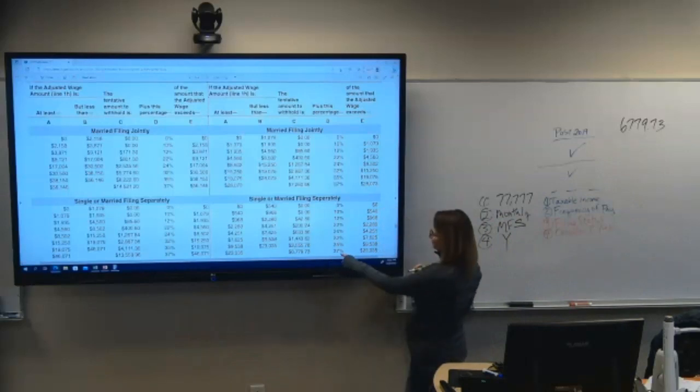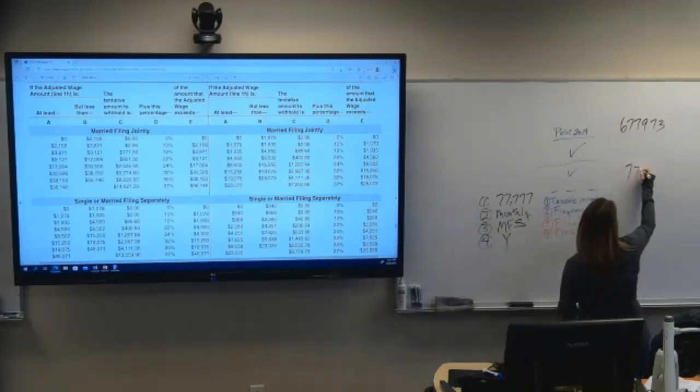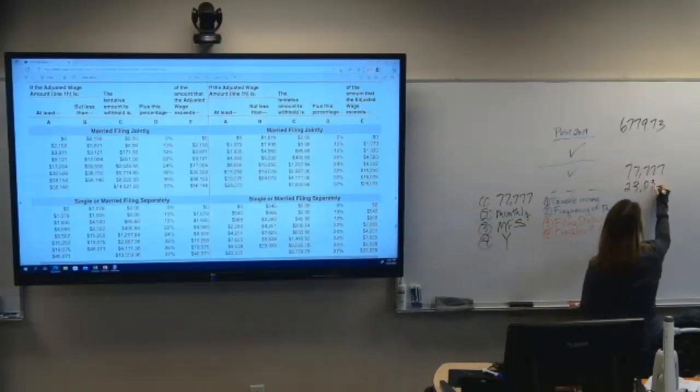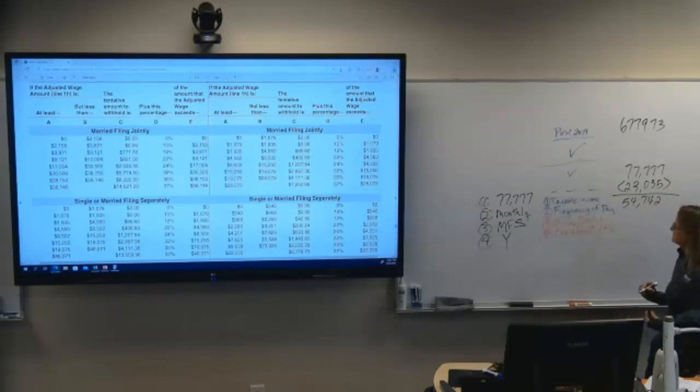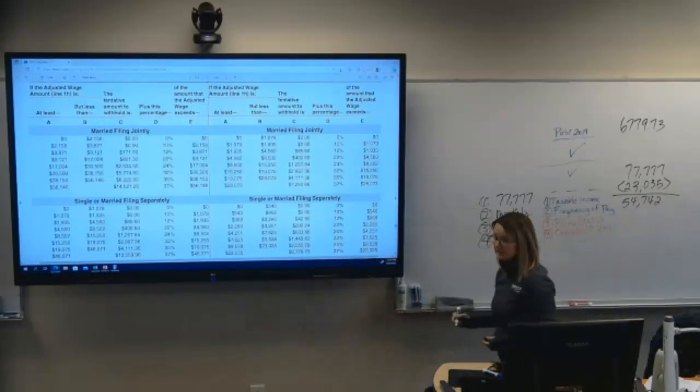Plus 37% of the amount over 23,035. So we've got to figure out 23,035. We're going to subtract that. So we have 54,742. We're going to multiply that amount by 37%.